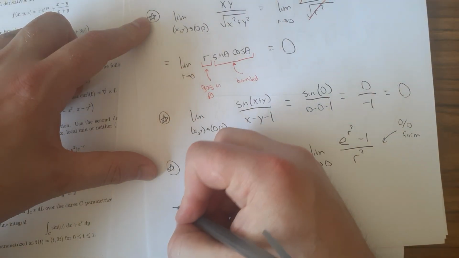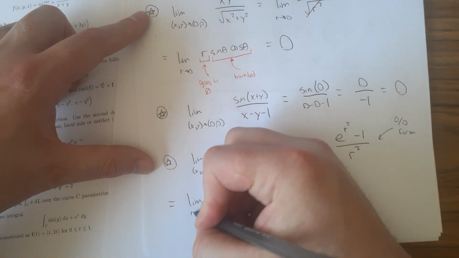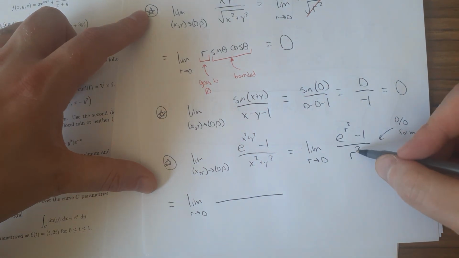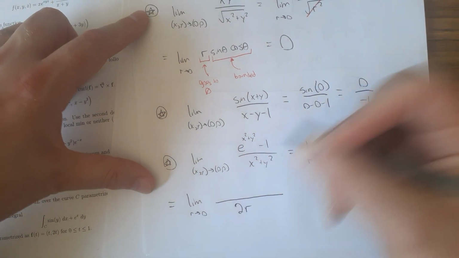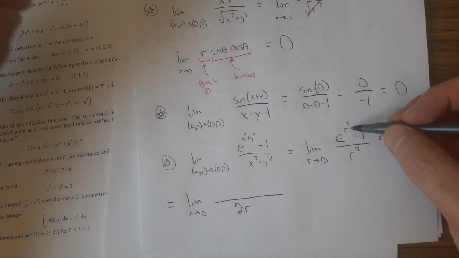I'm about to take the derivative of the top. Actually, let me do the derivative of the bottom first, because I'm going to do both, and the bottom's easier. Okay, well, now I'm stuck doing the top. So let's do the derivative of the top.